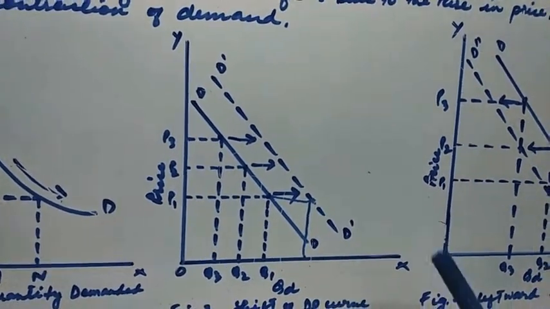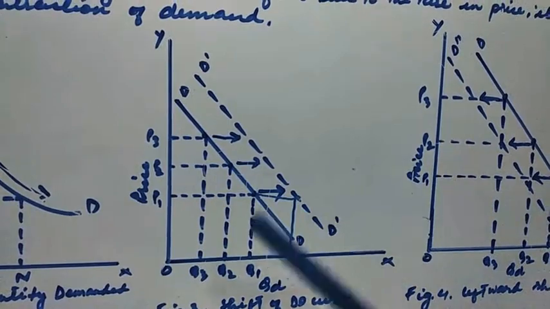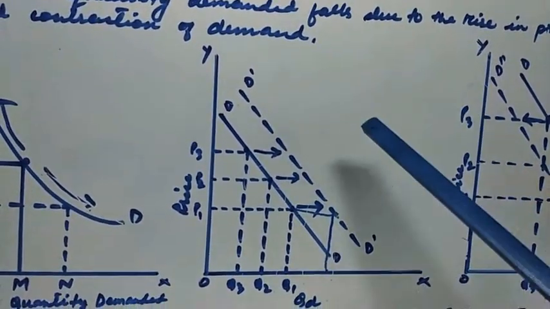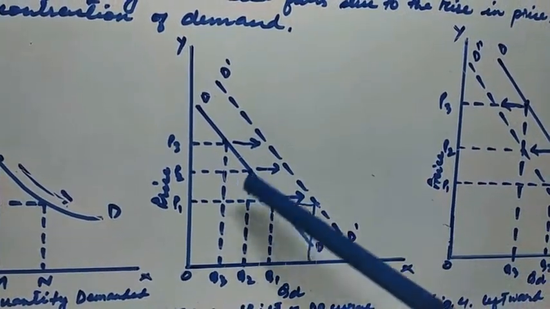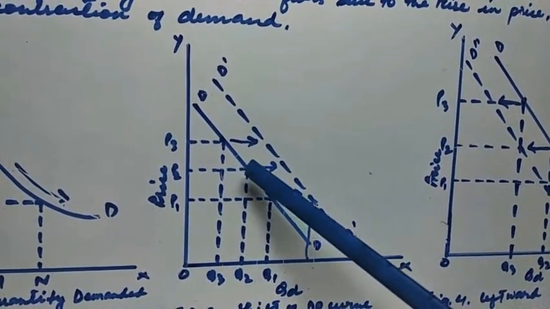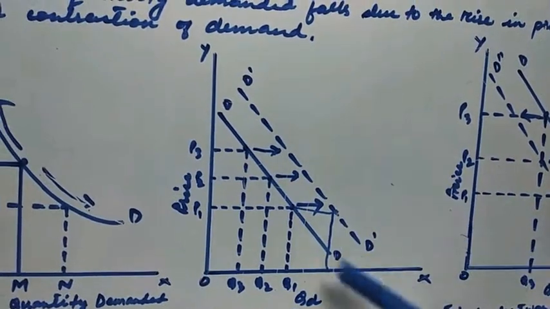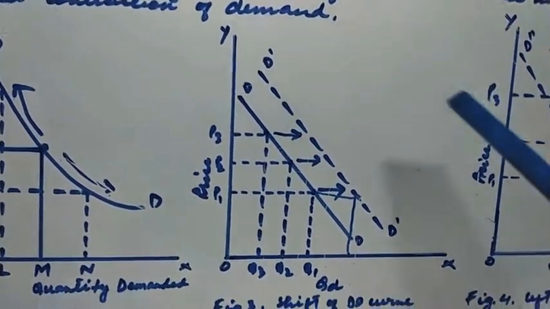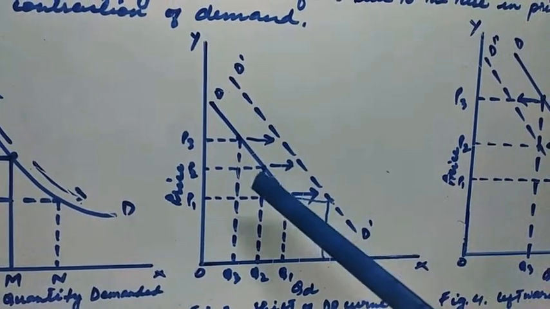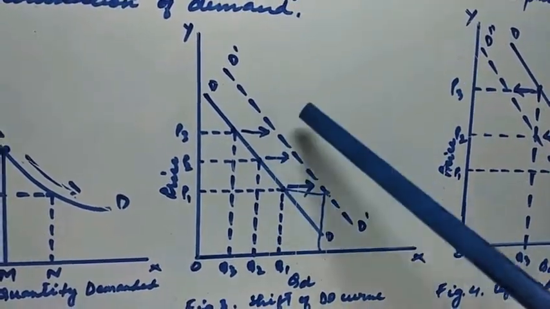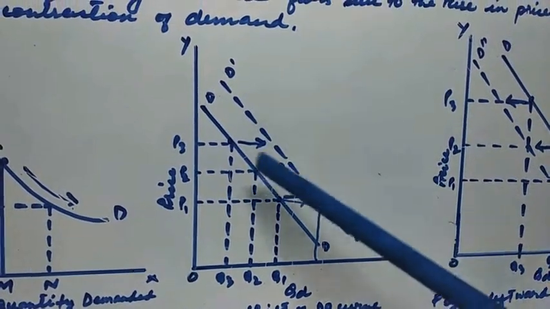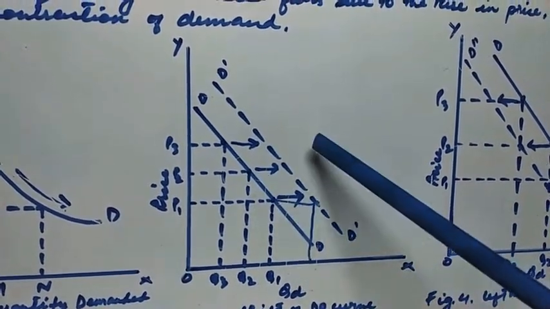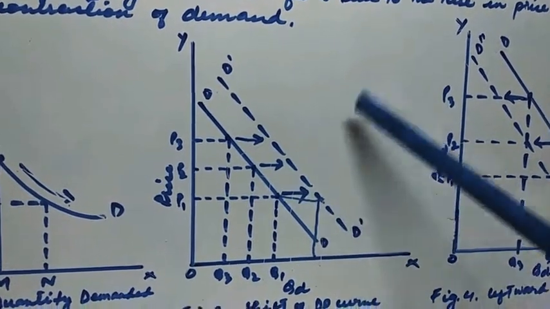So the demand for color TV will increase because the preference of the people has changed from black and white TV to color TV. So in that case also, there will be a rightward shift of the demand curve. And again, if the expectation is that the future price of the commodity is likely to increase, then the demand for that particular good at present will increase. In that case also, there will be a rightward shift of the demand curve.